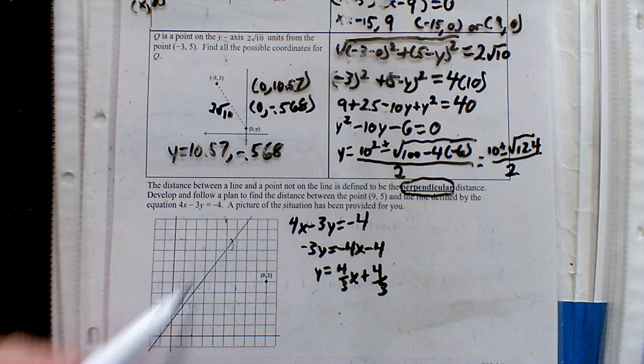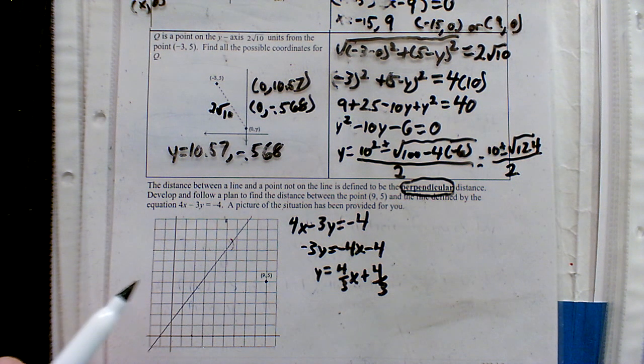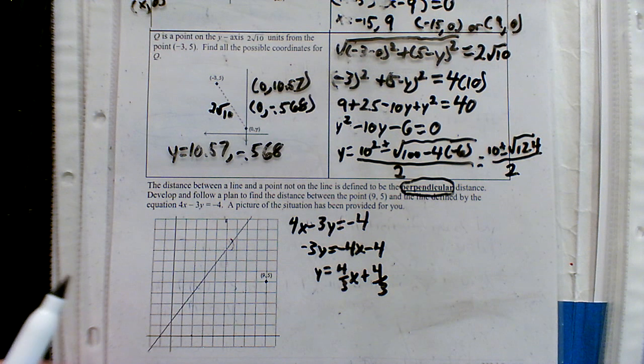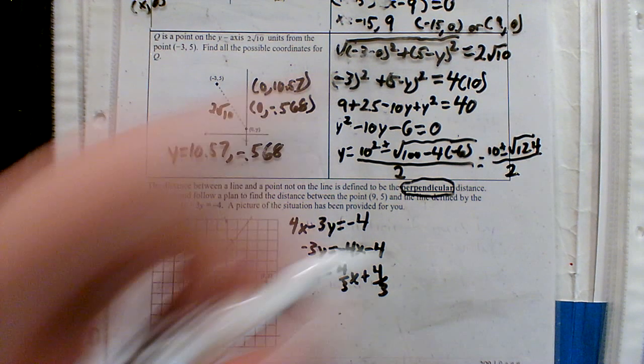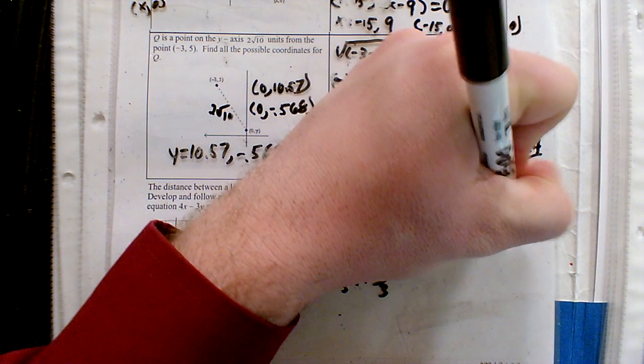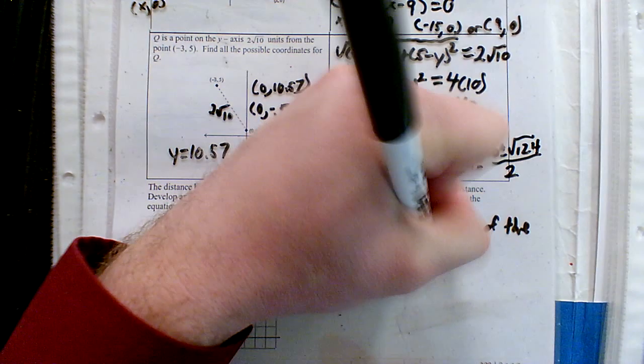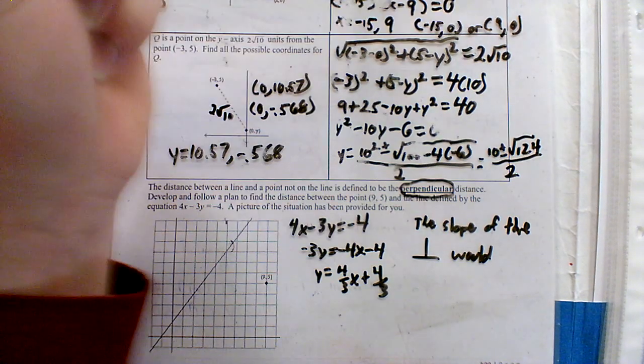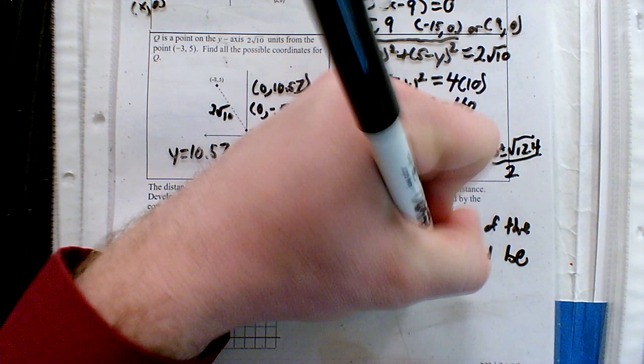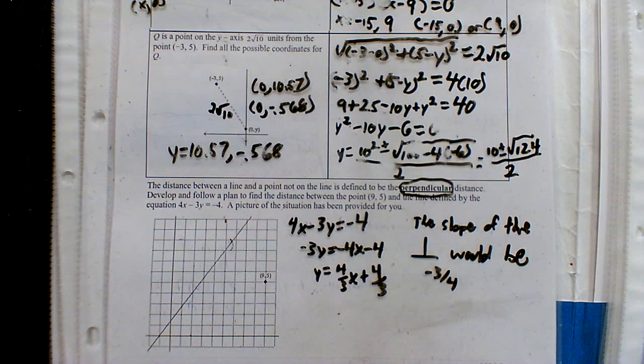The slope of this original line we just found to be what? 4/3. So the slope of our perpendicular line needs to be what? Negative 3/4. So the slope of the perpendicular line, so I'm just going to write perpendicular like that, would be negative 3/4. Okay. So that's going to help us start.